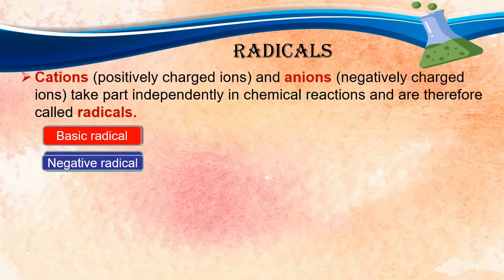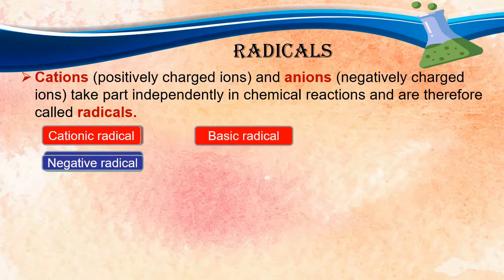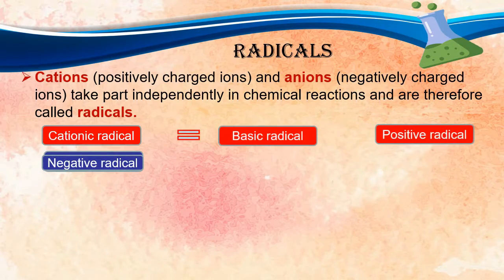Cations, that is positively charged ions, and anions, that is negatively charged ions, take part independently in chemical reactions and are called radicals. Cationic radicals are also called basic radicals or positive radicals as they have a positive charge.